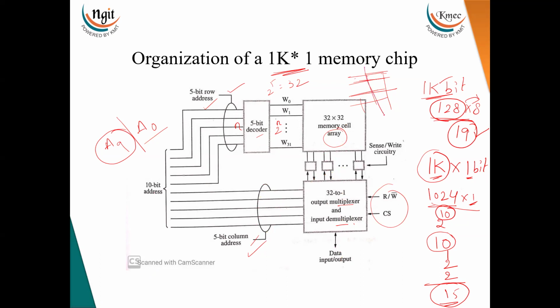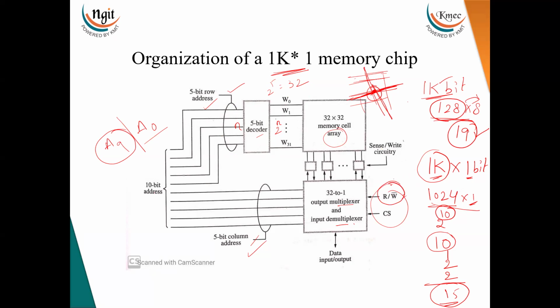Now this is the row selected by using the upper address bits and this is the column selected by using the lower address bits. Now this is the cell. Whatever data is in this cell will be read, or data will be written into that cell, depending upon the read/write signal.